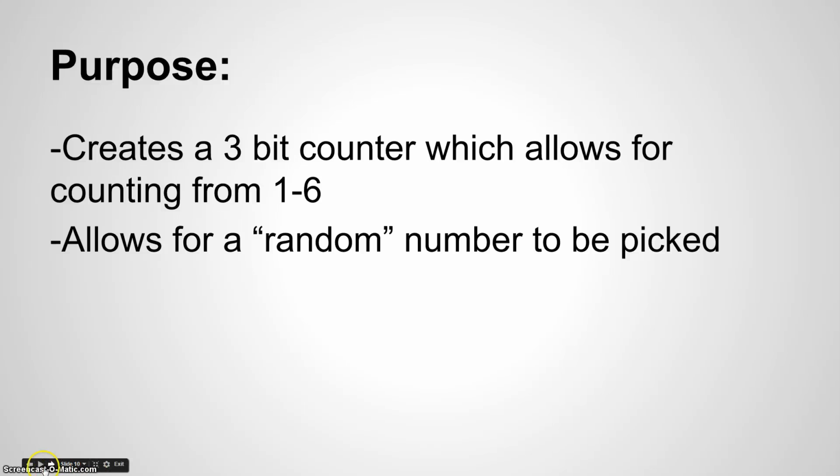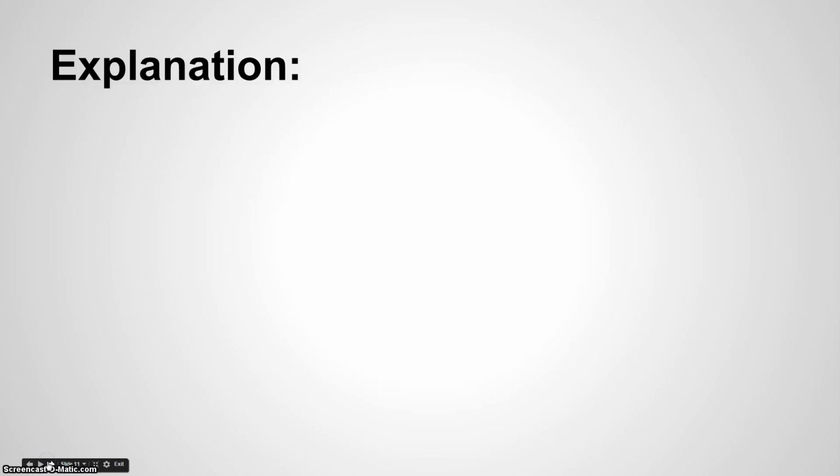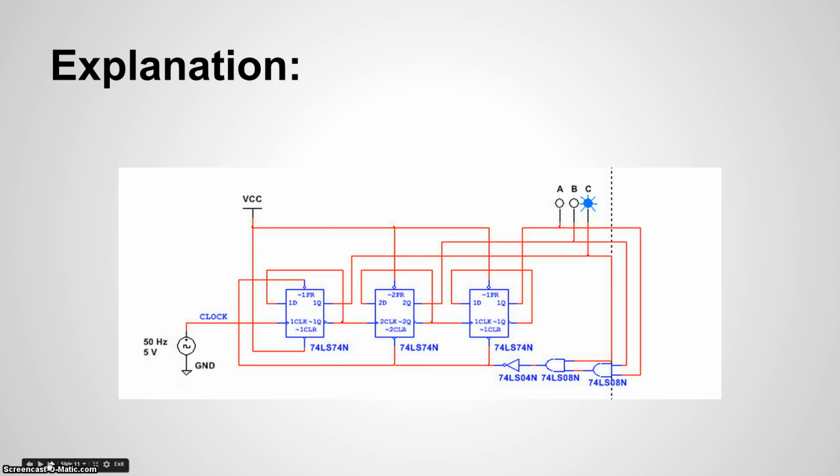So this is how it works. It's a binary version of 1 through 6. You have your input here, which represents the 555 timer, which is essentially a clock, and for the purposes of this, it's a constant high to low signal.